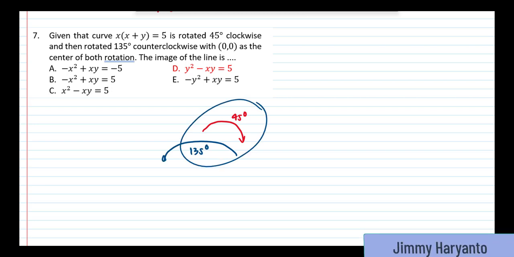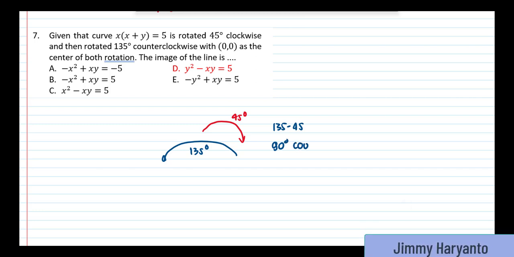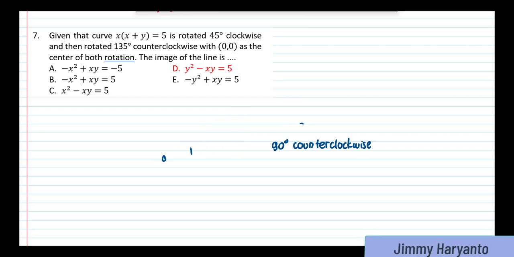If you add them together, you will have 135 minus 45 equals 90 degrees counterclockwise. You can use this transformation instead of doing both of them.